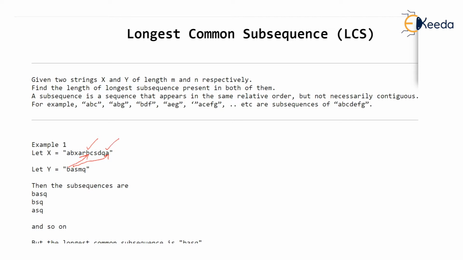Now the S, this third letter of Y, cannot be matched. Just check my words. It cannot be matched with this S. Why? Because we have already approached this last letter, so we can't go back in the direction and say that S is found.